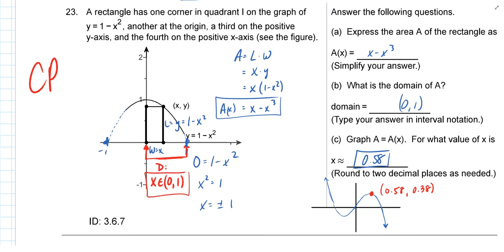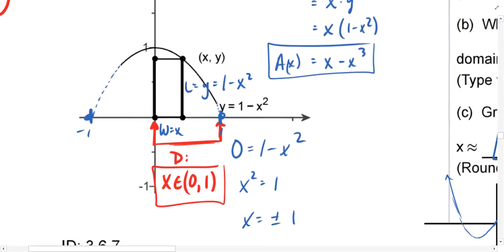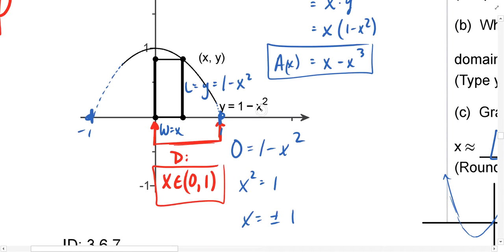For number 23, I called this a calculator permitted question, but really that's only calculator permitted because of part C. I could ask the questions A and B on a no calculator test. But what was interesting here is that we've got this rectangle that's fit underneath the parabola, 1 minus x squared.